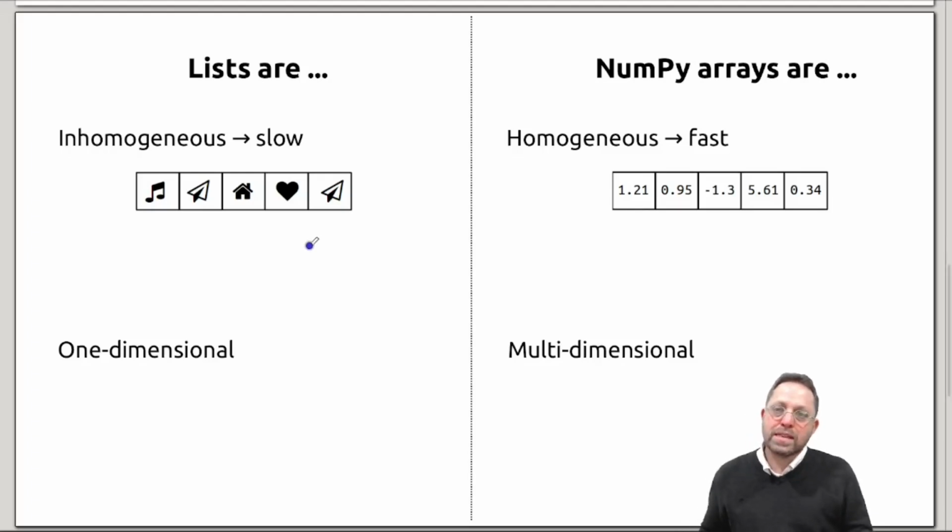So lists, as you know, they are inhomogeneous, meaning that they can hold any assortment of different things. And so when you create a list, you usually create an empty list. And at that time, the list doesn't know what sorts of things are going to come at it, and so it cannot pre-allocate any memory.